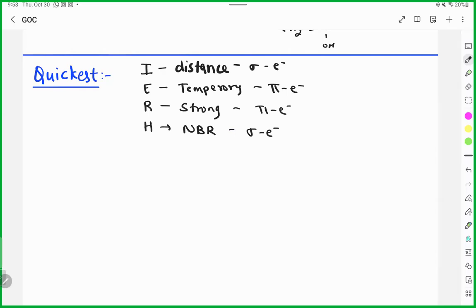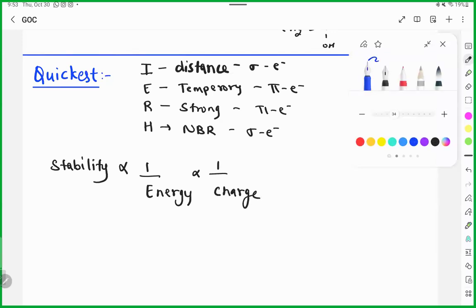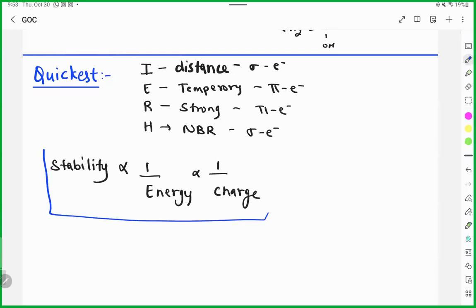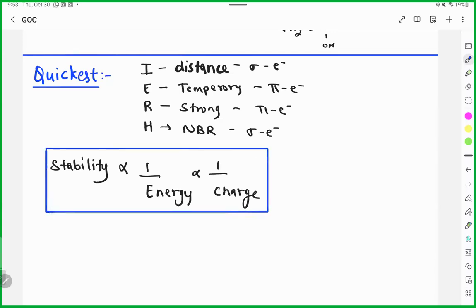Correct. When it comes to the stability of any compound, just remember its stability is inversely proportional to the energy, inversely proportional to the charge. This is the biggest tool. When you talk about the stability of carbocation, carbanion, everything, it all depends on how much charge you have. Less charge, more stable. Example, if you have an electron donating group, it gives electrons to the carbon compound.